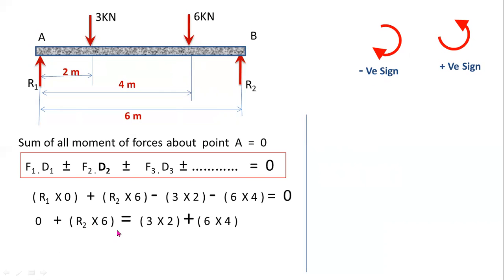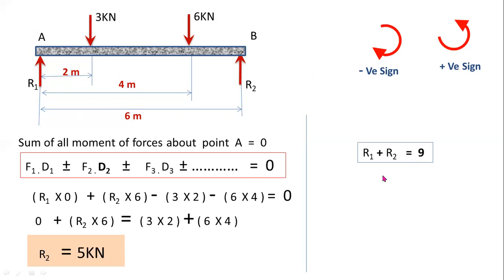From this equation, you can get the value of reaction force R2 at the right end support. R2 equal to 5 kilonewtons. After getting R2, you have to substitute this value in the equation R1 plus R2 equal to 9 kilonewtons.